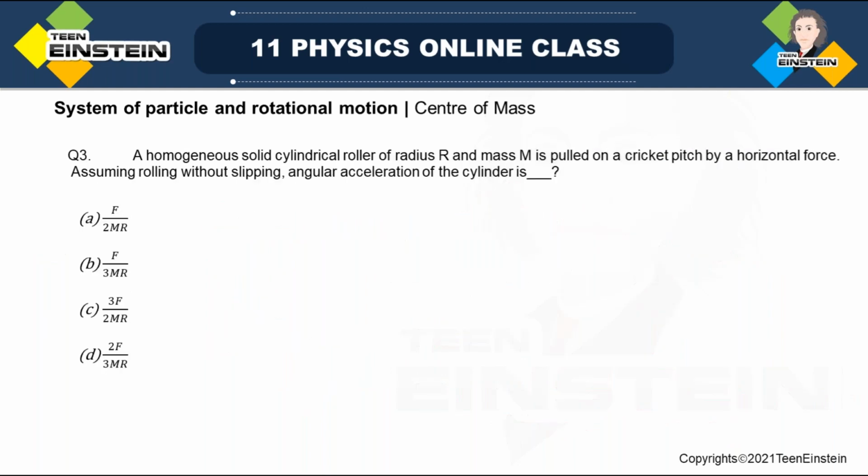Okay, now similar, almost similar question here. A homogeneous solid cylindrical roller of radius capital R and mass capital M is pulled on a cricket pitch by a horizontal force, assuming rolling without slipping.